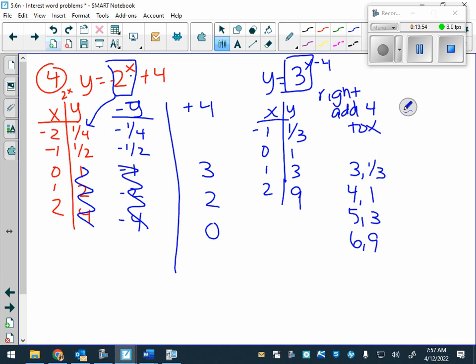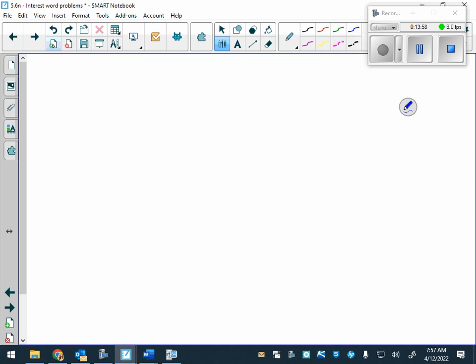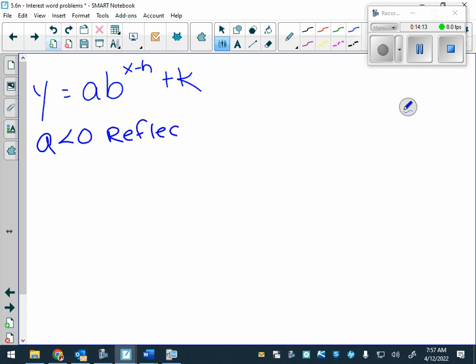This is from way back in functions as well. Okay. The opposite of what you just have. So you have a b to the x minus h plus k. Okay. Same values. A, if it's less than 0, it's a reflection, meaning negative.